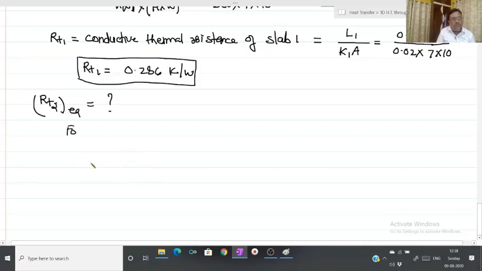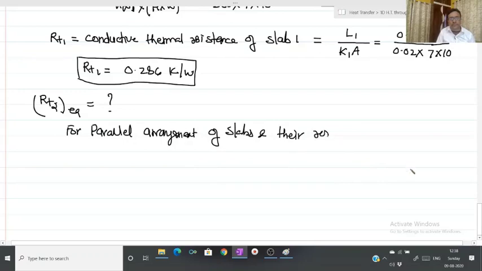So for the parallel arrangement of slabs and their resistances, we have to follow the law of resistances connected in parallel.